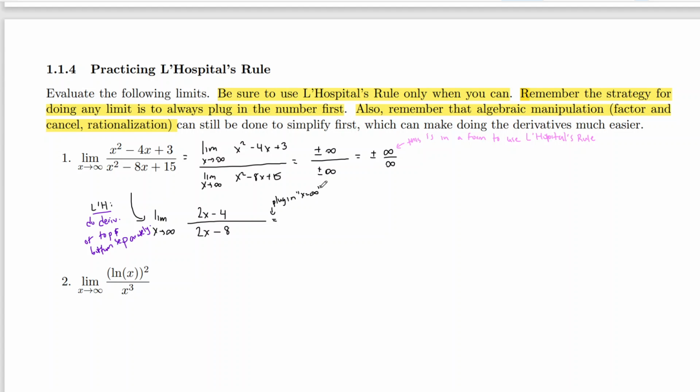We know that we really can't plug in infinity, but if we take the limit as x goes to infinity of the top, just kind of think about distributing the limit to the top and bottom like we did above. So the limit as x goes to infinity of 2x minus 4, that's infinity because this is a polynomial. Now it could be plus or minus, but it's a polynomial. And then the bottom, also a polynomial, so it's also plus or minus infinity. And this would be plus or minus infinity over infinity.